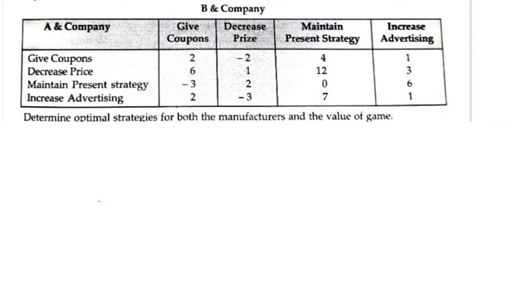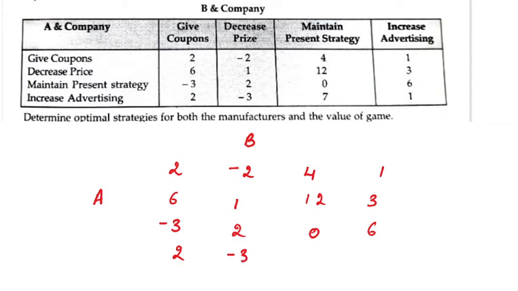Let's say there are two companies A and B. A has values 2, -2, 4, 1, 6, 1, 12, 3, -3, 2, 0, 6, 2, -3, 7, 1. Let's suppose these are strategies A1, A2, A3 and A4. Here it is B1, B2, B3 and B4.